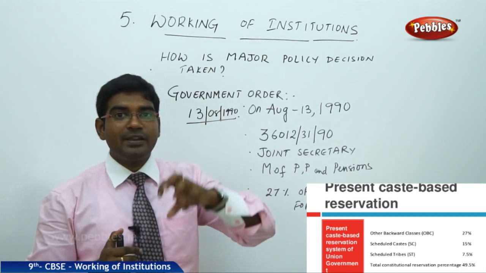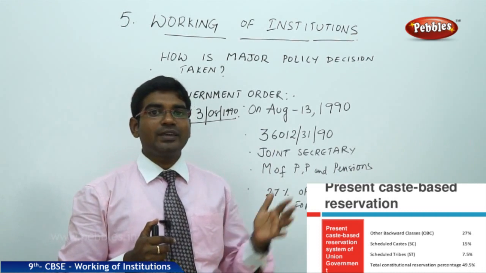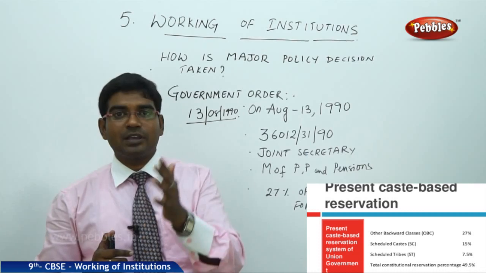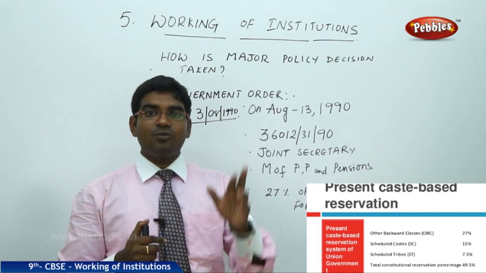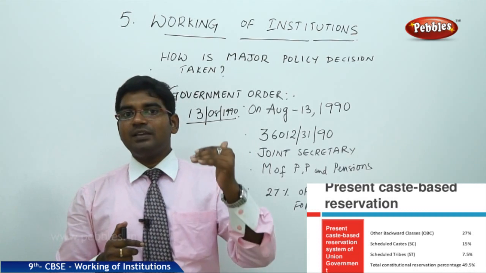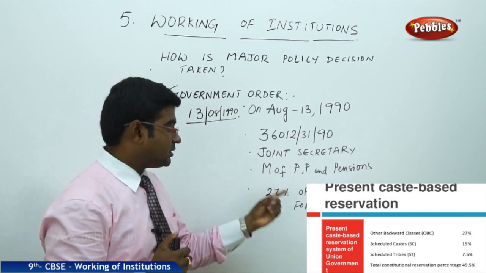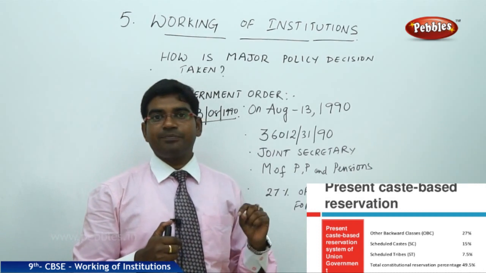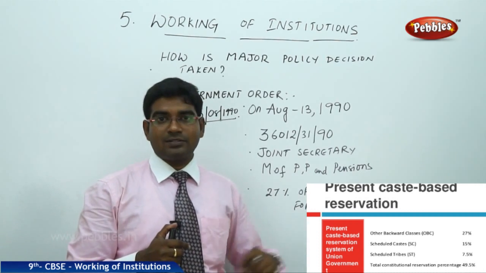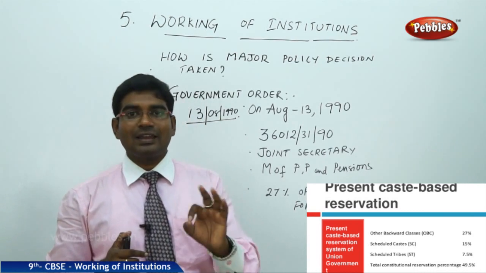So as the government is providing reservations for the scheduled caste and the scheduled tribal communities, in the similar way the commission also recommended that there should be a certain amount of seats reserved only for this category of people, that is other backward classes or socially economically backward classes.